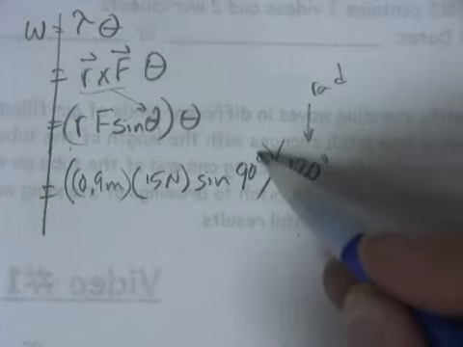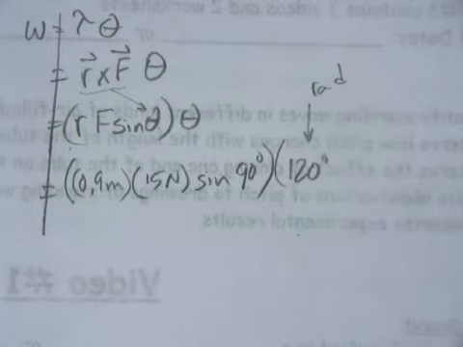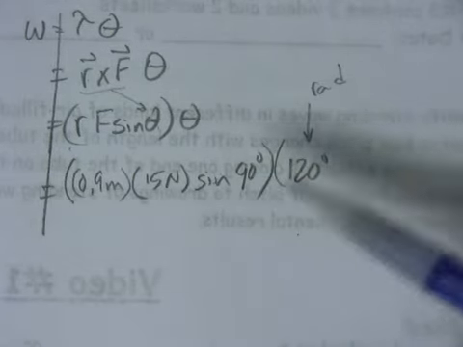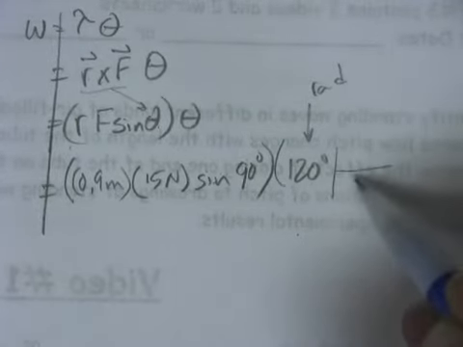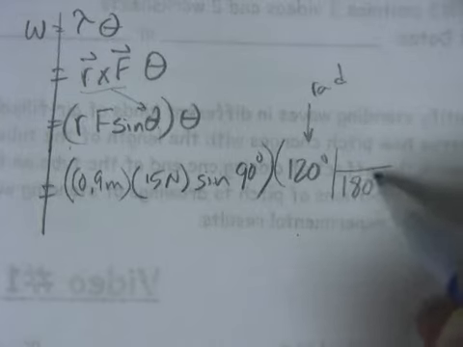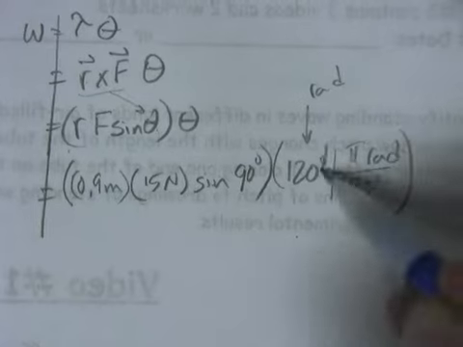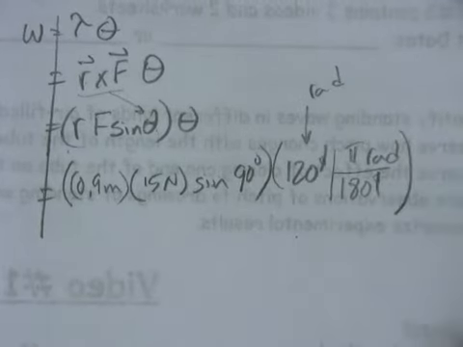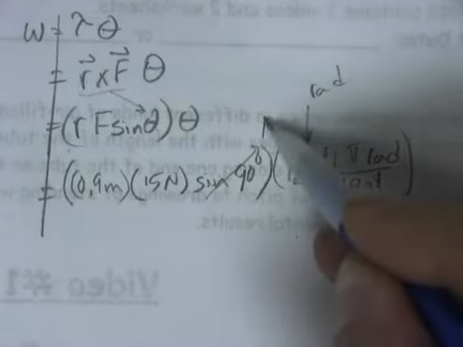You can actually have it in degrees. You just need to have your calculator set for degrees because you're going to be taking the sine of it. If you had it in radians, then you just have to have your calculator in radian mode when you're doing the sine. But we need to convert this. So I know that, what's that going to be? That's 180 degrees is pi radians. And so my degrees will cancel out, and I'll be left with radians. So if I do 0.9 times 15 times sine of 90, sine of 90, by the way, is going to be 1.